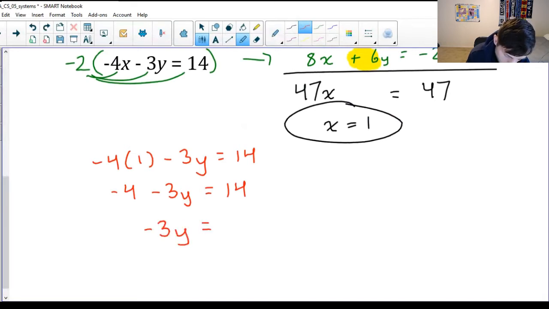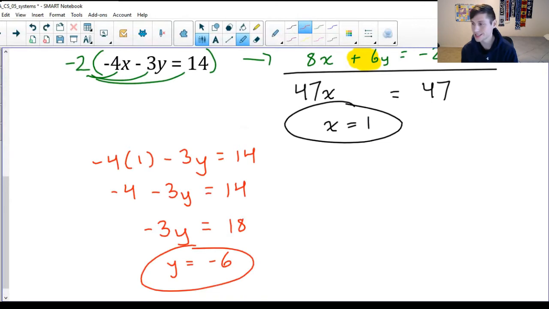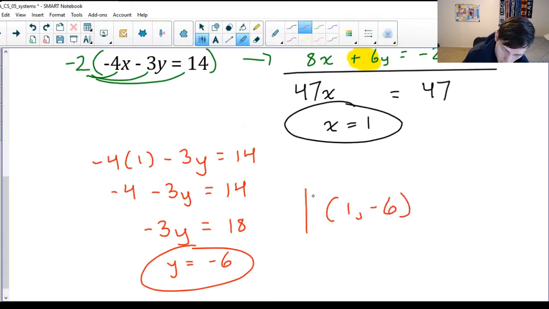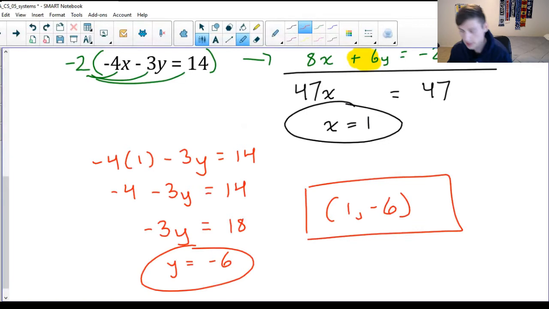Add 4 to both sides. Divide by negative 3. So y equals negative 6. There's the other part of my answer. But of course, we want our final answer to be written beautifully as a coordinate, a full ordered pair. So we win.